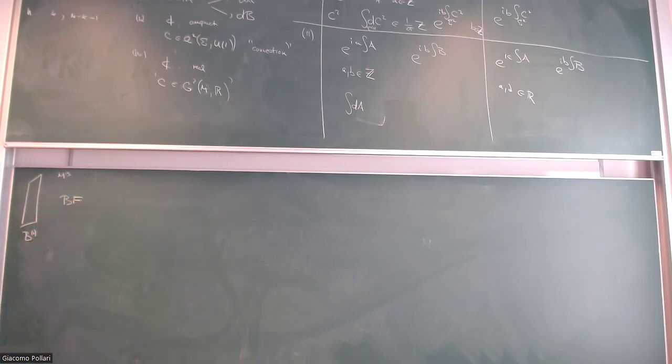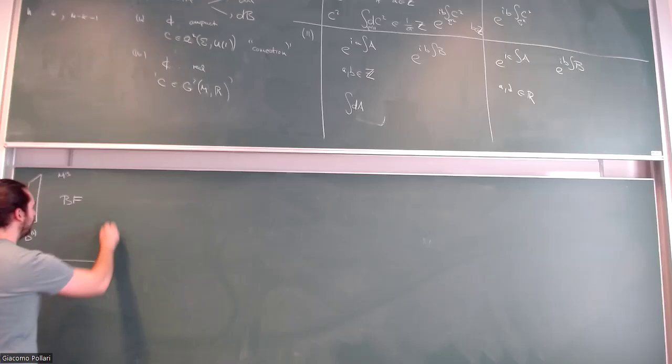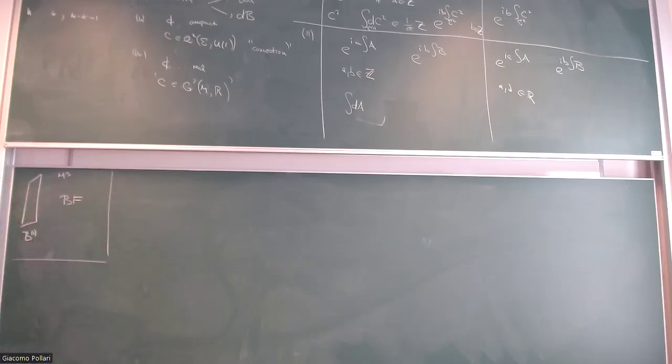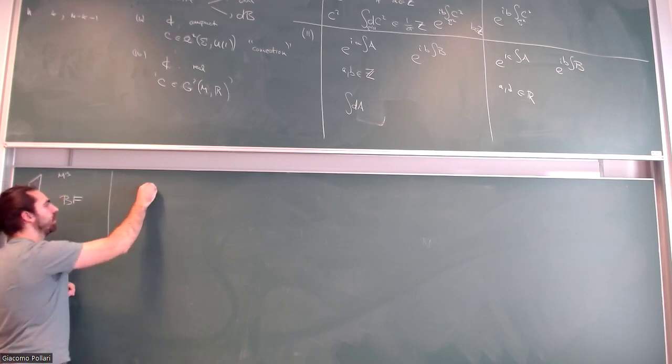Okay. So in order to study that, I need to specify boundary conditions. And I'll tell you how those boundary conditions differ based on which group selection I have. So let's first do the compact case.